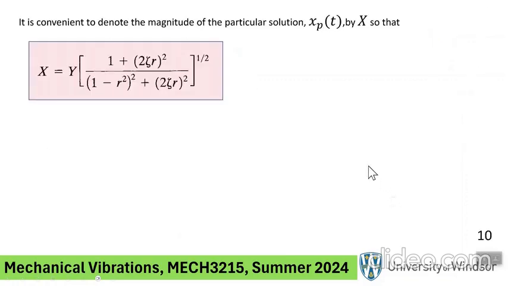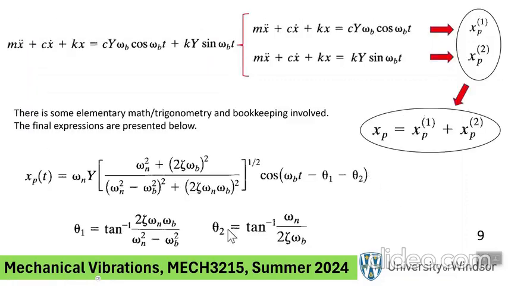Now, I could have left it like this, but remember, last week we said why don't we write things in terms of little r, the frequency ratio, which means omega_b over omega_n. Because the driving frequency omega_b is here, right?